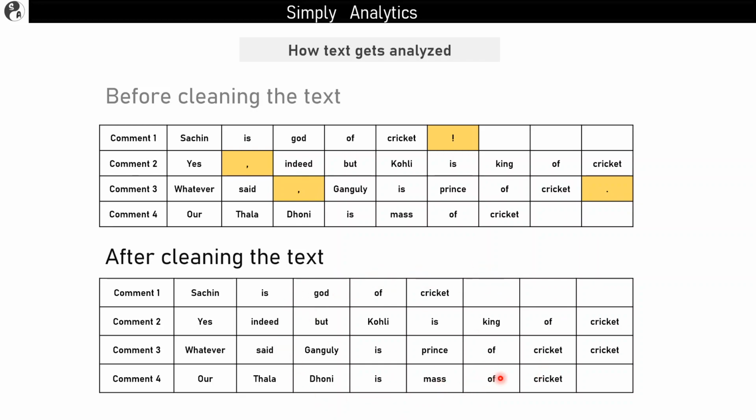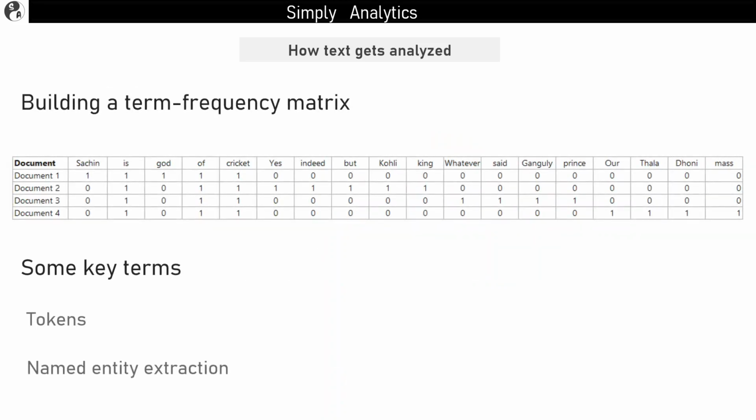Having text in this type of arrangement is difficult to analyze, especially when we have a huge number of comments. So to analyze text, we introduce something called a term frequency matrix or variable frequency matrix. What is it? It is really simple.